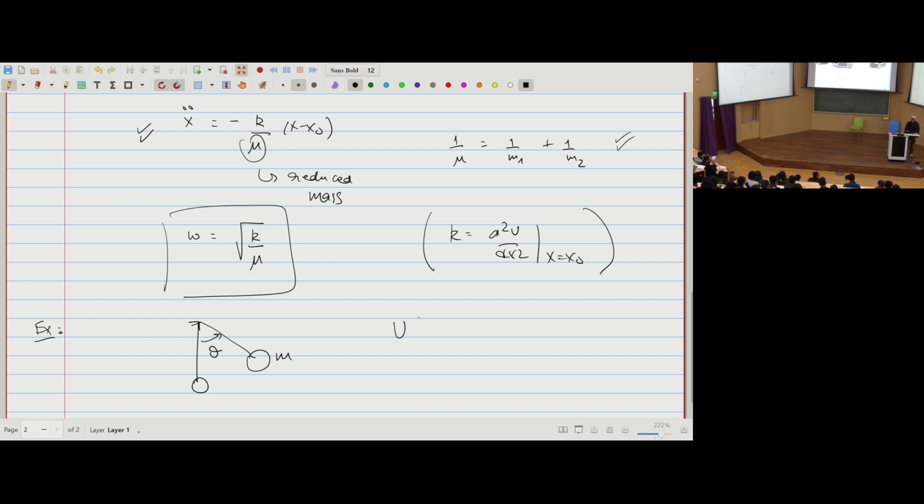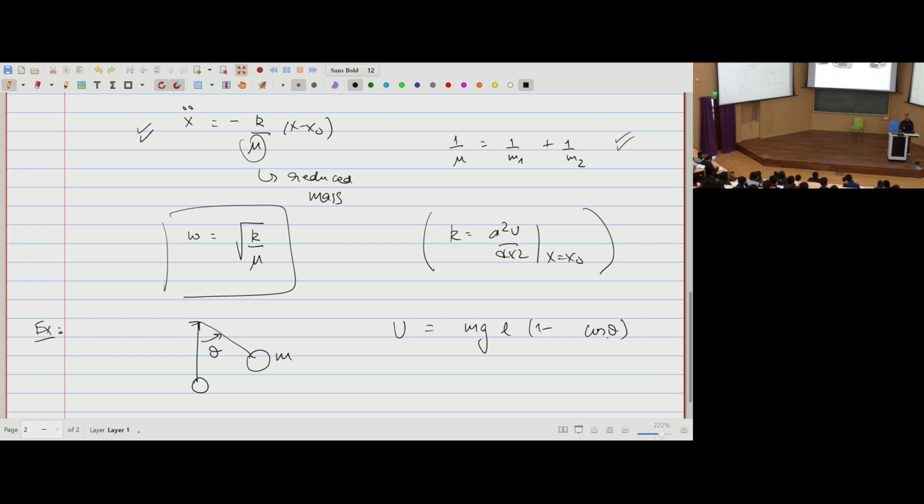Our U had come out to be mgl times 1 minus cos theta. If you take theta to be small, because remember we are talking about small displacements around the equilibrium position, it behaves like a simple harmonic oscillator.